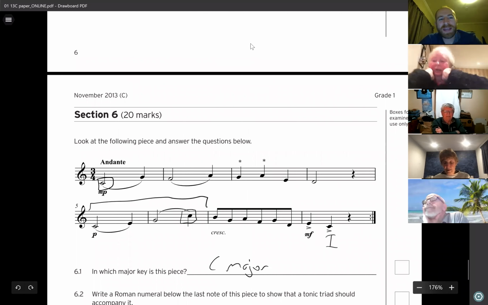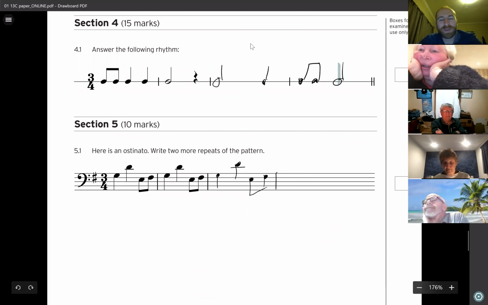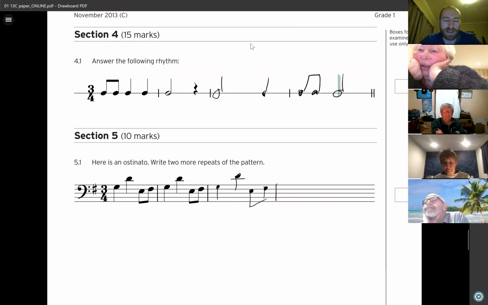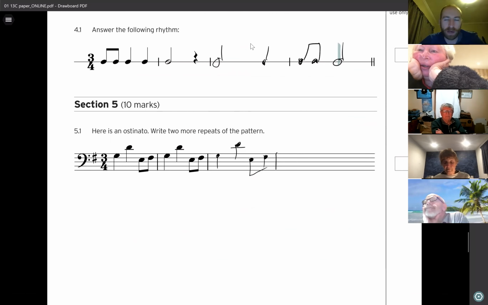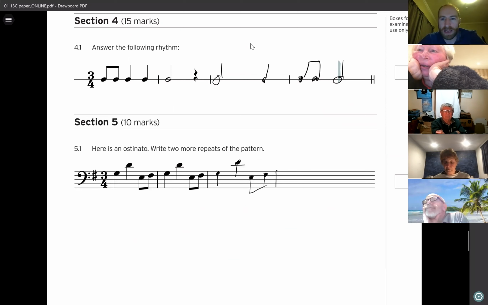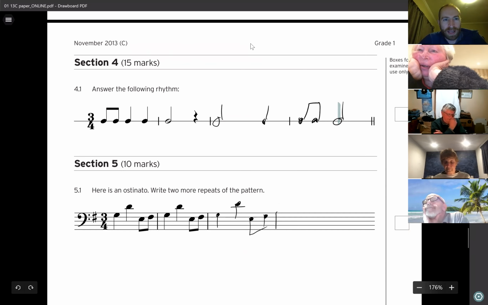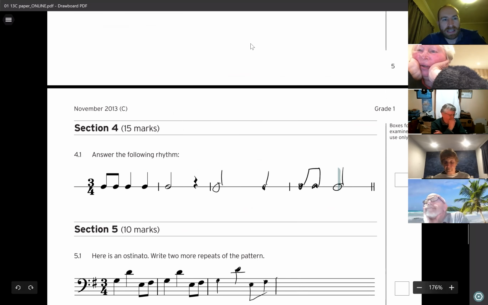Basically speaking, there wasn't anything in there except a couple of things, like what is an arpeggio? Okay, good point. We hadn't really talked about that, but now we've learned what an arpeggio is. And the ostinato. Ostinato just means a pattern, so that's okay.